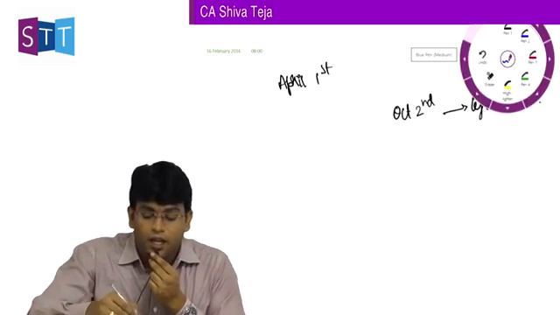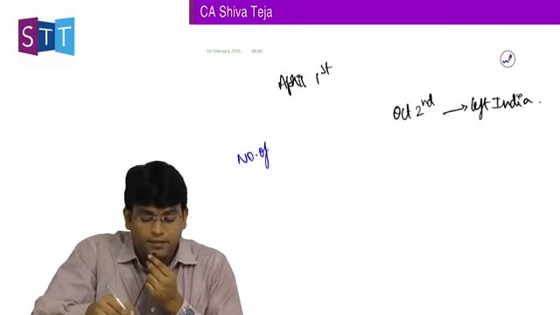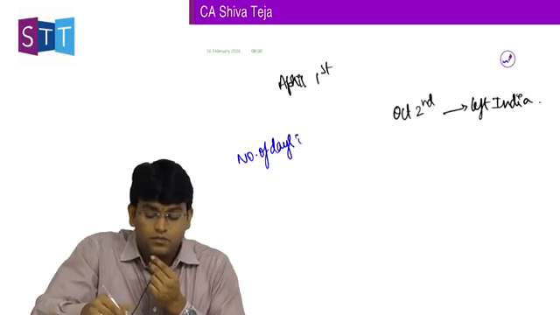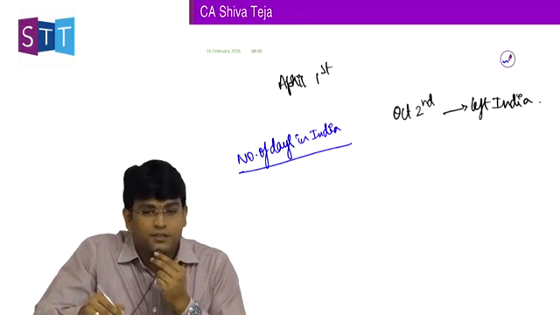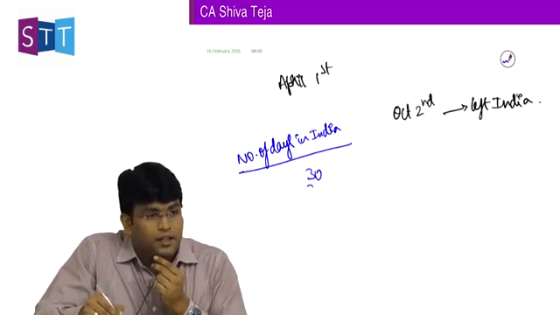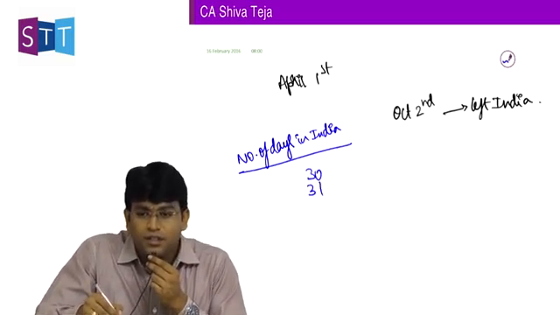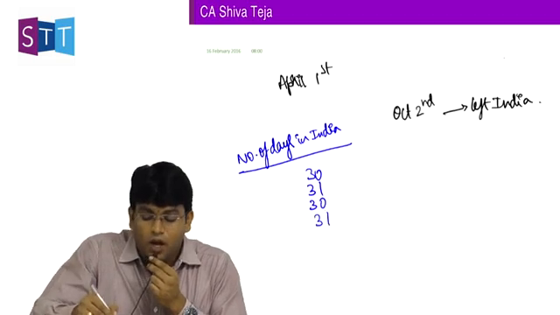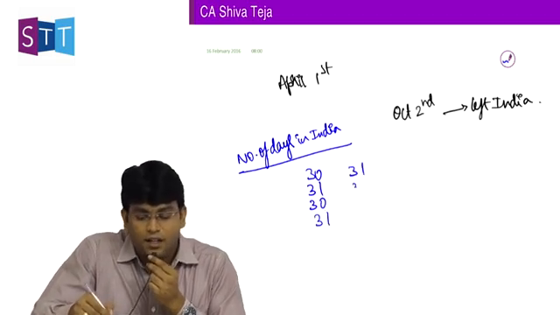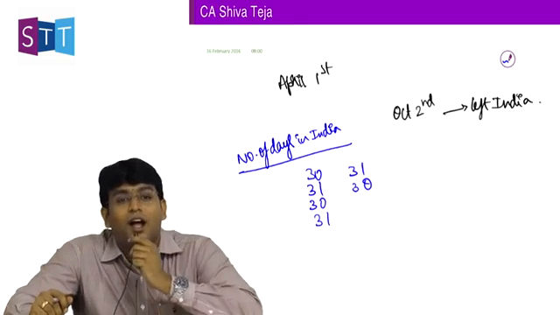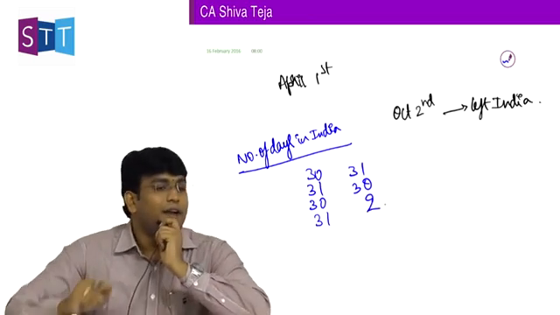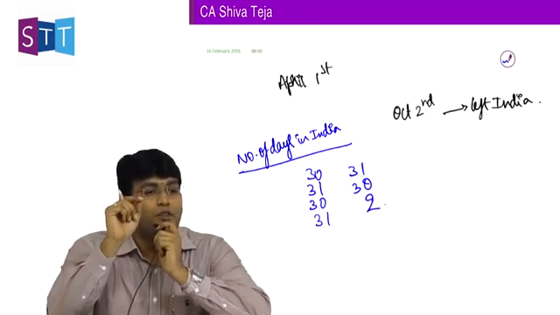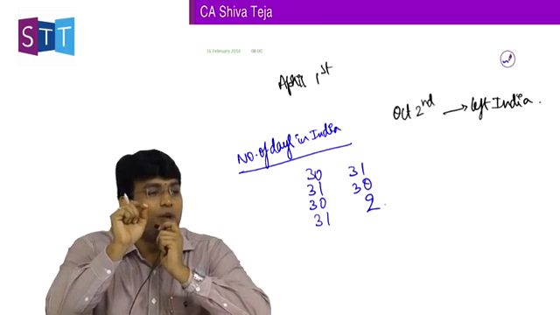Now, please tell me how many days he is in India. How do we calculate? April, May, June 30, July, August, September, October. Day of coming and day of going is always included.